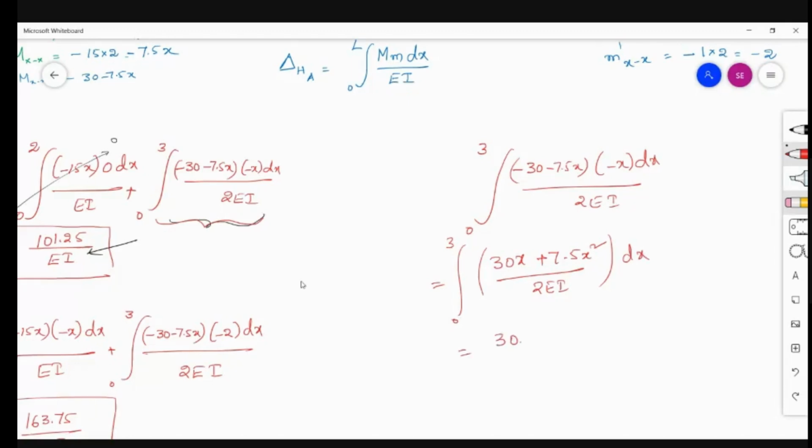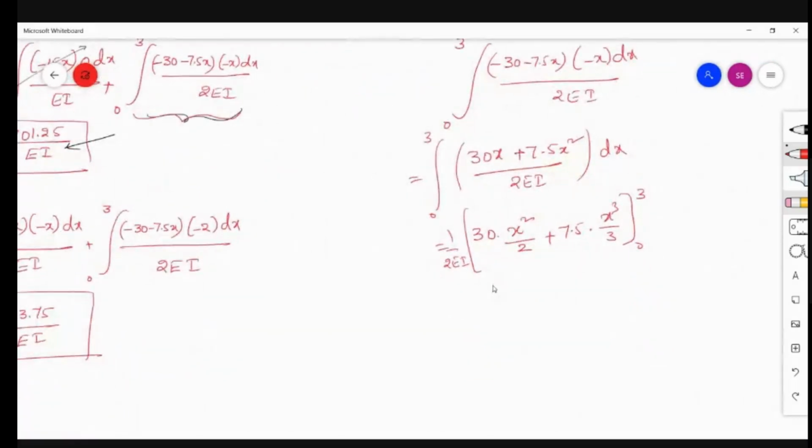So 30 into x, integration of x is x squared by 2. 1 by 2EI is constant, I will keep it like that. 30 into x squared by 2 plus 7.5 into x cubed by 3. The limits are 0 to 3.